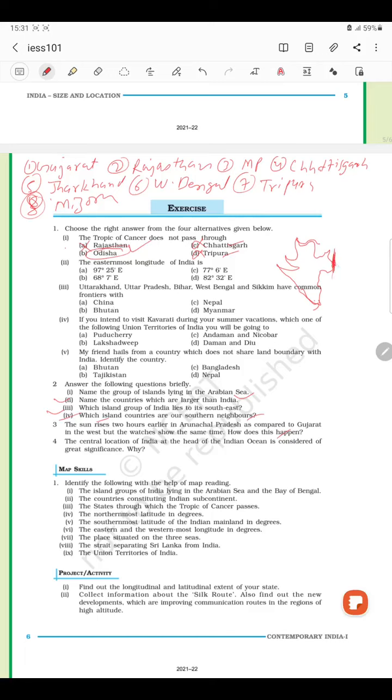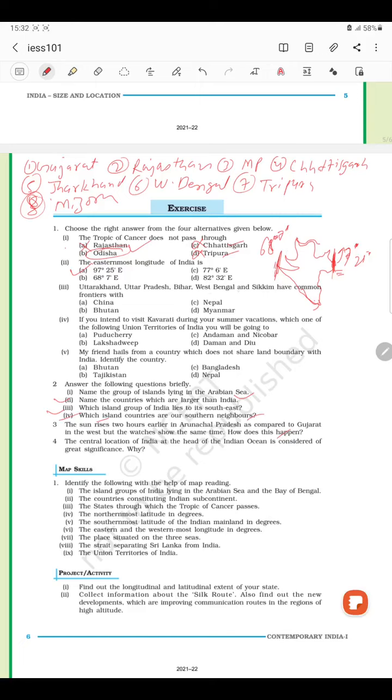What is the extension of this one? We already told the extension. This one is 68 degree 7 minute, and this one is 97 degree 25 minute. So they are asking easternmost, this will be the easternmost, and if you ask the westernmost, this will be the westernmost. Clear?